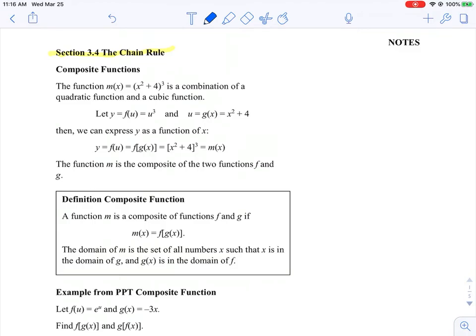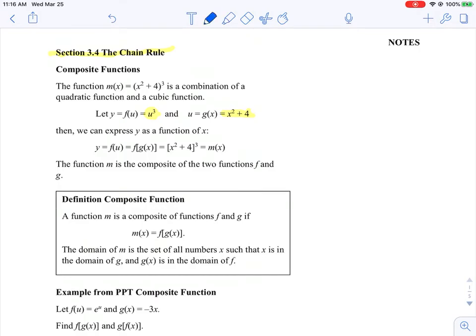So looking at this first example, the function m of x equals the quantity x squared plus 4 raised to the third power is a combination of two functions. One function is u to the third power. The second function is x squared plus 4.